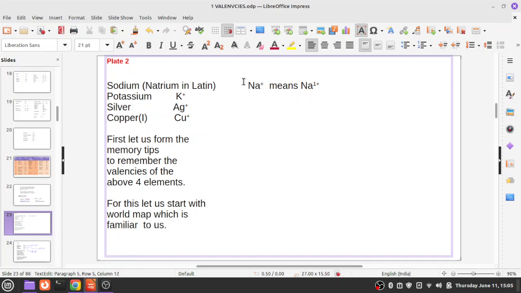Similarly, potassium is called kalium. I also write that. Similarly, silver is called argentum in Latin. Similarly, copper is called cuprum in Latin.